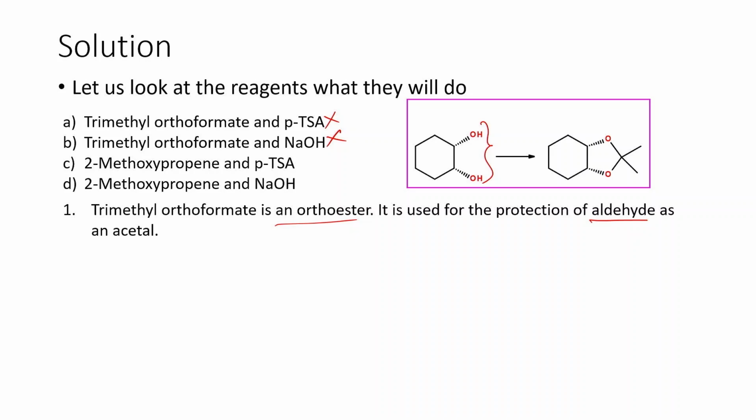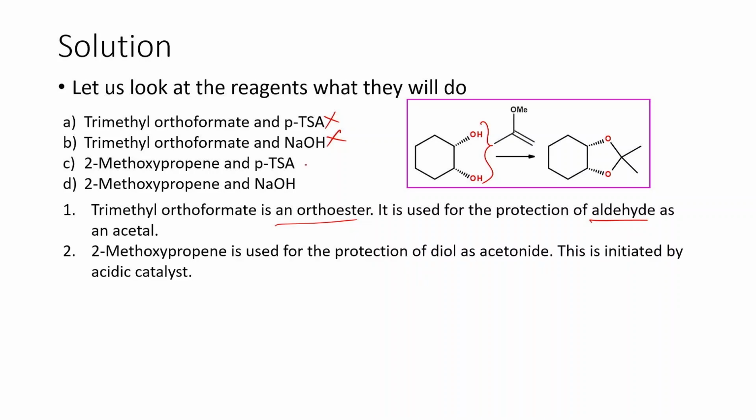So that leaves us with only 2 choices to look into, which is the 2-methoxypropene, one under acidic condition and another under basic condition. We will now see which is the most appropriate one. If we are going to use basic condition, the base will generate an anion. So this is one of the problems.